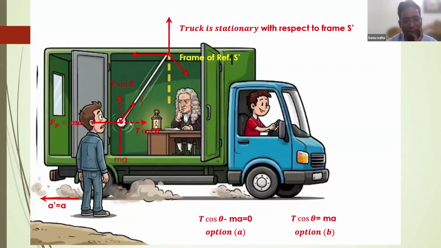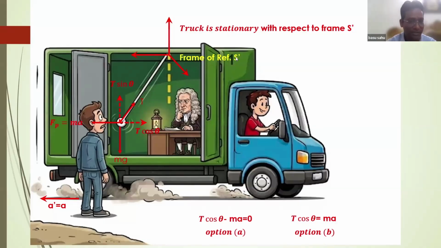So now what is happening here? With respect to frame of reference S dash, this bob is not moving. What was the equation when we manipulated Newton's second law in a non-inertial frame of reference? The equation was F external plus F pseudo force is equal to mass times acceleration observed in the S dash frame.